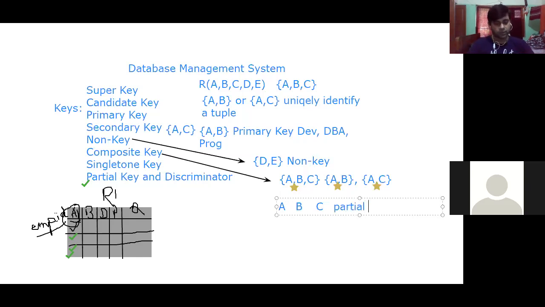Now coming to the discriminator part. When we discussed the weak entity set, we gave an example that the dependents of an employee have a name called D name, the dependent's name.